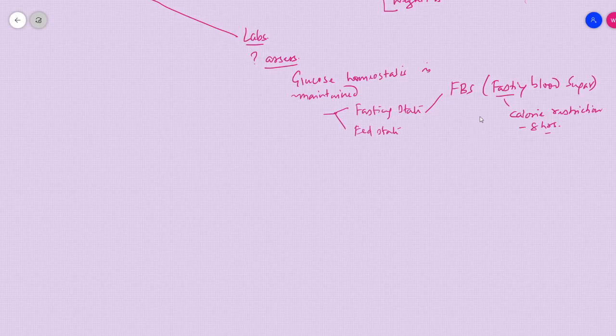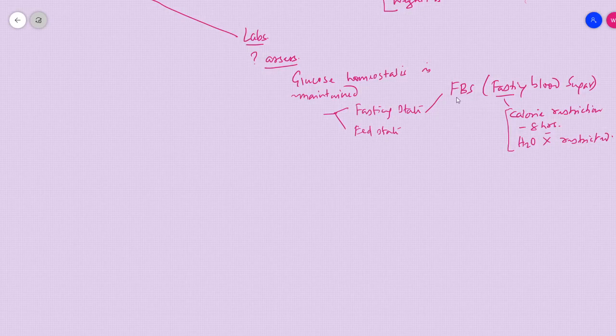So fasting means only calorie restriction, meaning water is not restricted. Such a patient after an overnight fast comes to the lab, and in the lab blood is withdrawn, and the plasma glucose level is determined.